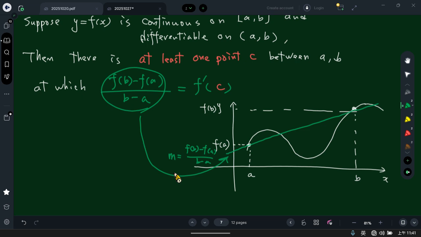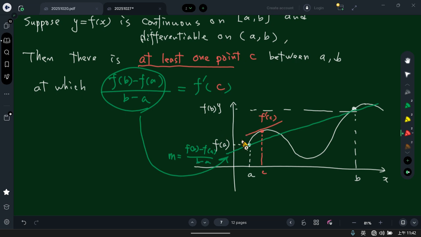Based on the description of the mean value theorem, it's about that you can at least find one point. For example, this point, C, its slope is f prime C, same as this one, right?